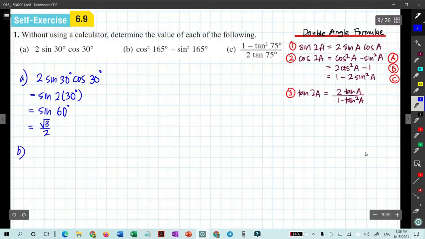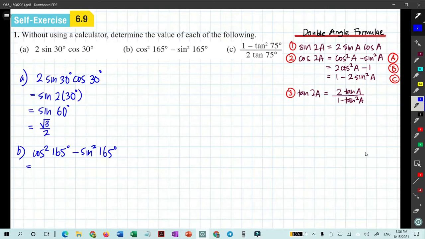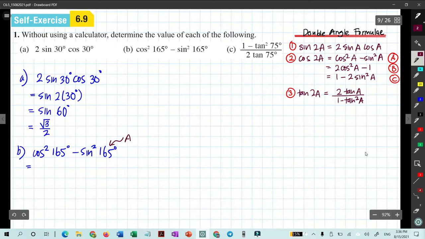Okay, question B, cos square 165 minus sine square 165 is equals to, so here we need to use formula number 2a. So in this case the value of a is 165. So this is a.